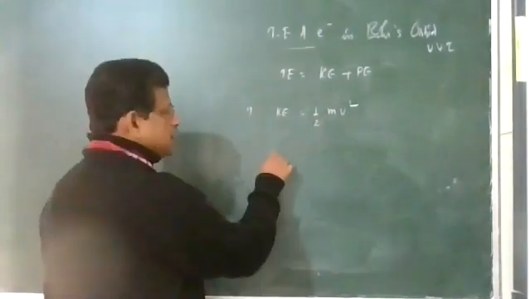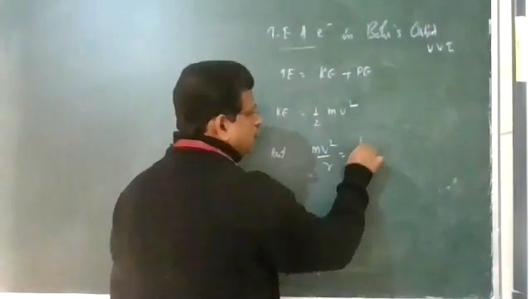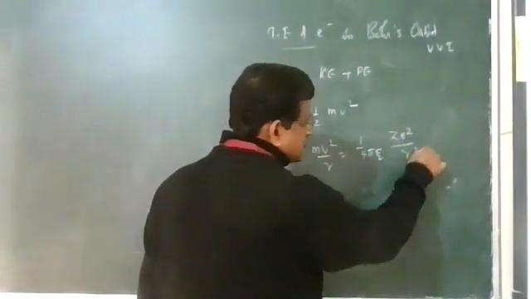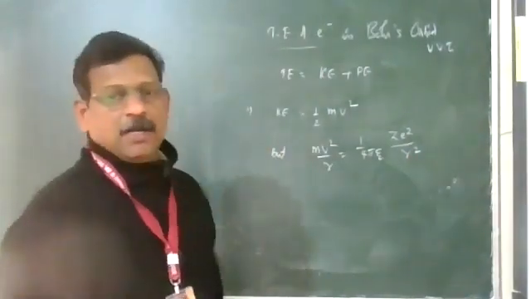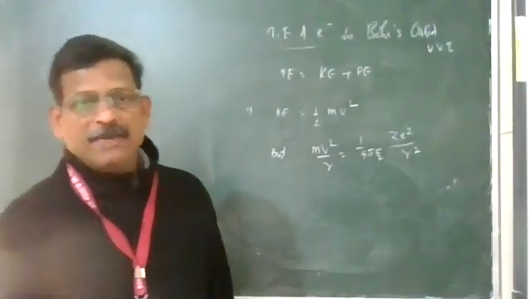For that, we use this equation: mv square by r equals 1 by 4 pi epsilon 0 times Z square e square by r square. This is the centrifugal force equal to the attractive force between electron and the nucleus. One r will be cancelling from this equation.